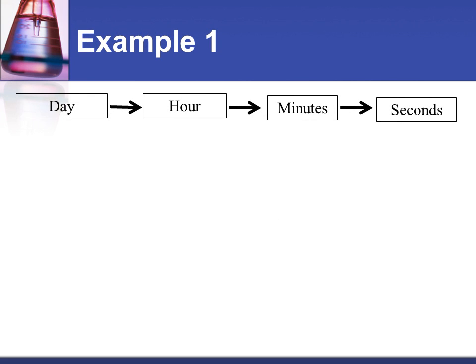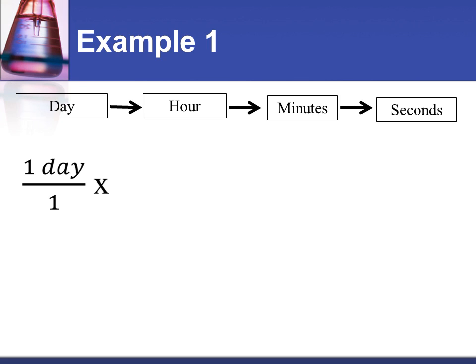Now let's use our solution map and equivalent statements to get our numerical setup. To begin with, we put our given over 1 for our initial fraction. Now our first conversion is from day to hour, so we'll use the equivalent statement that 1 day equals 24 hours.